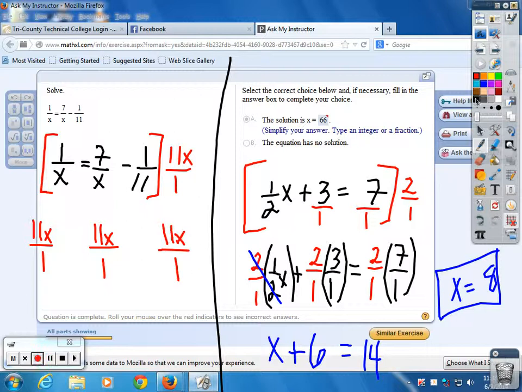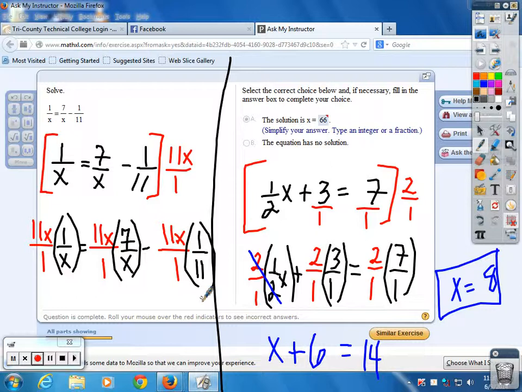Rewrite your problem. 1 over x, 7 over x, 1 over 11. What happens here? What are you left with?